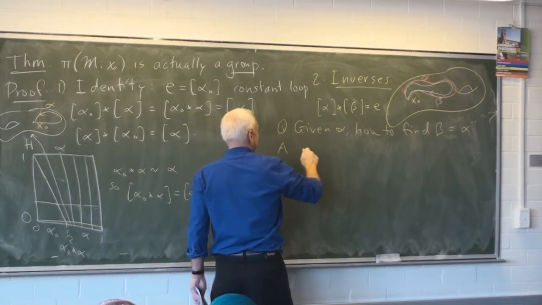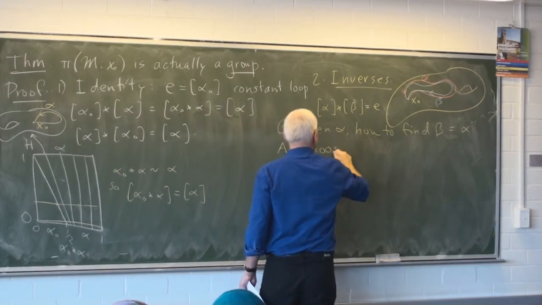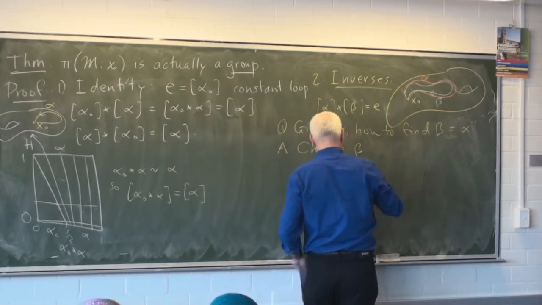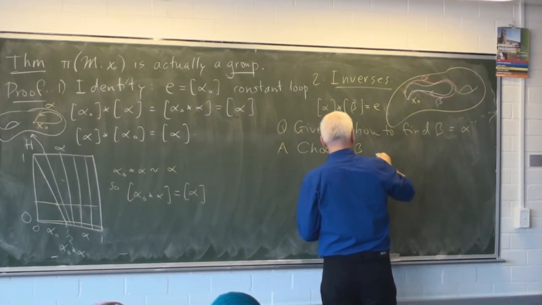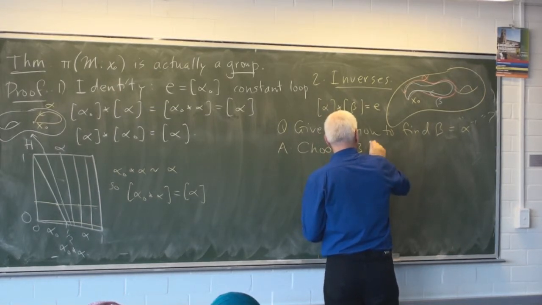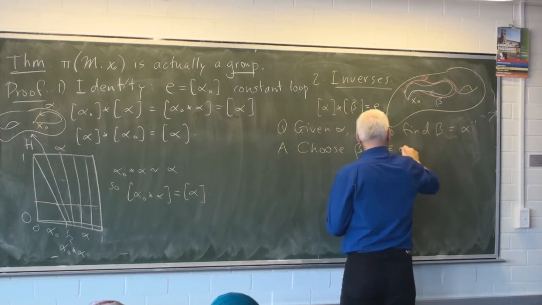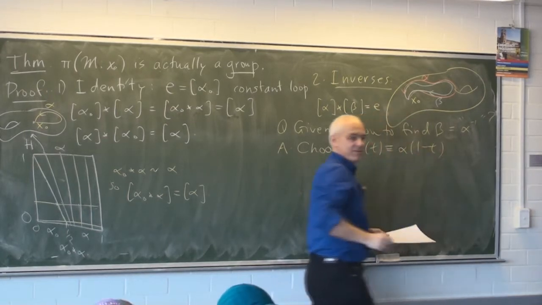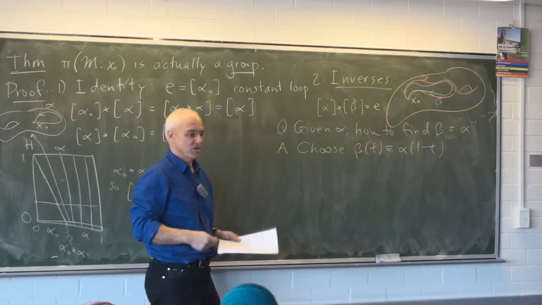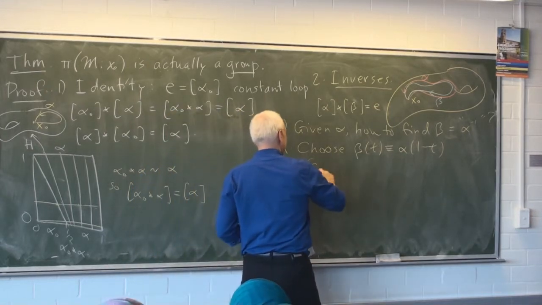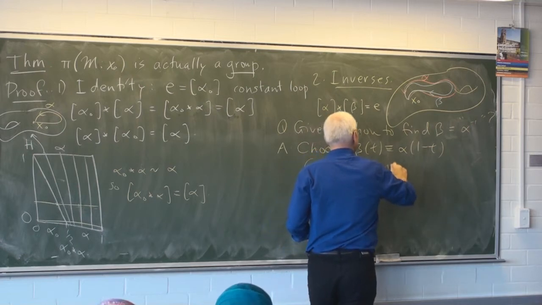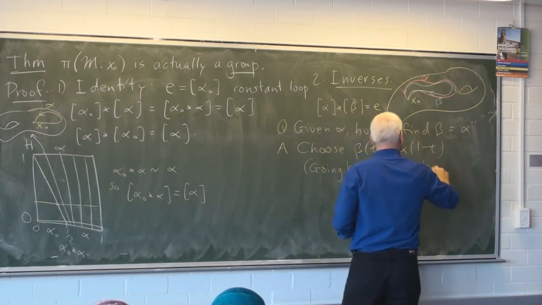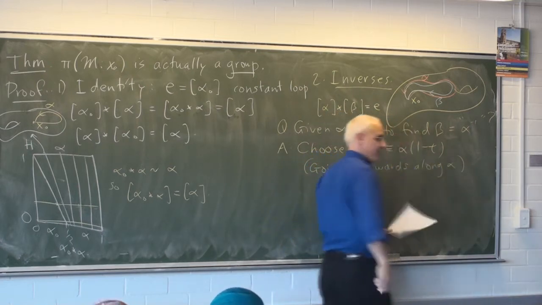So the answer is choose beta defined by beta of t equals alpha of 1 minus t. Just going backwards along alpha.